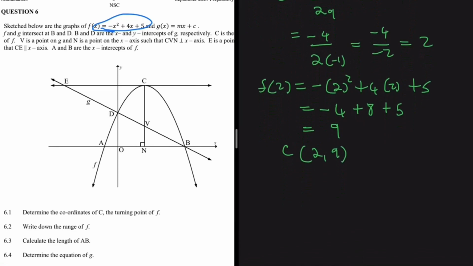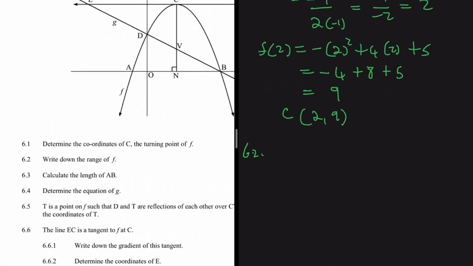And then 6.2, let's write down the range of f. So I've sort of come up with an idea for the range of f. If f is concave down, then the range will be y less than or equal to the y of the turning point.